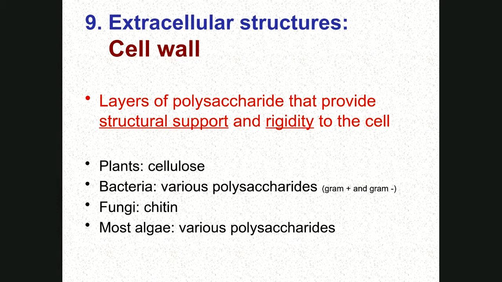It plays a role as support. It gives rigidity to the cell and protects the cell very well. It has a very important role, especially during the movement of water. You see, animal cells, if you give them too much water, can explode and die, all right?